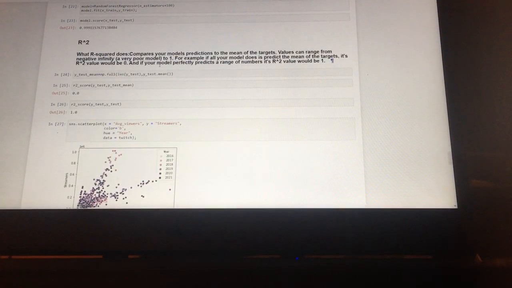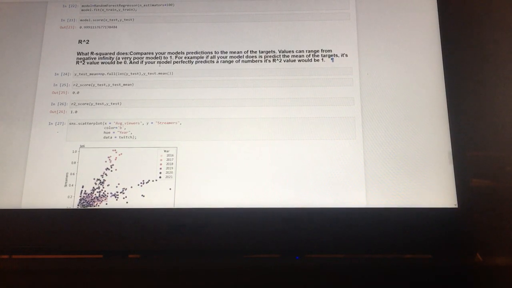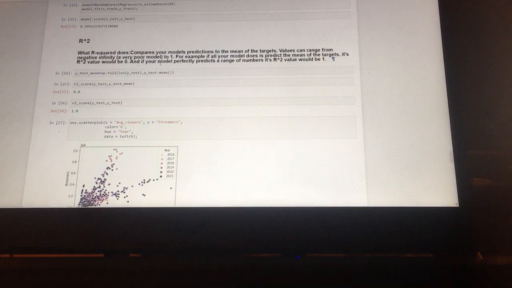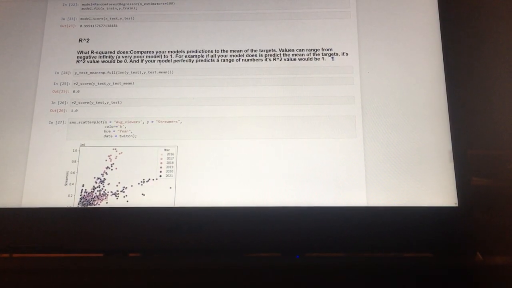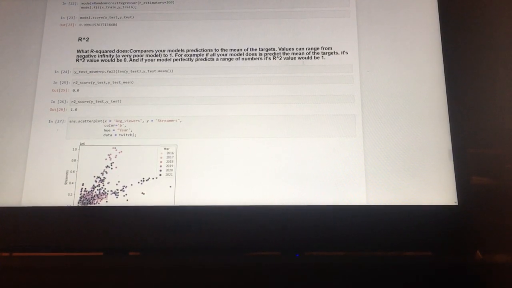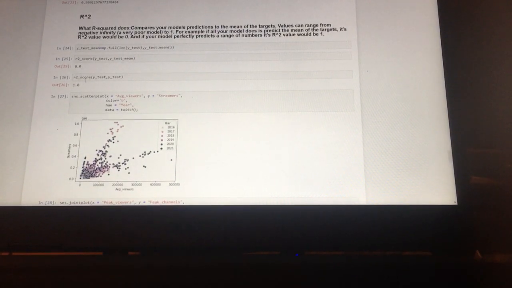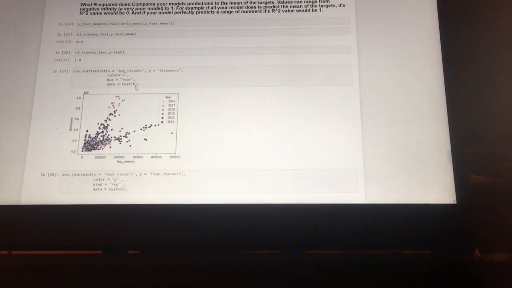R-squared compares our model's predictions to the mean of the targets. Values can range from negative infinity, and its R-squared value would be 0. And if your model perfectly predicts a range of numbers, the R-squared value will be 1. As you can see, our values are good, so this project is successful.